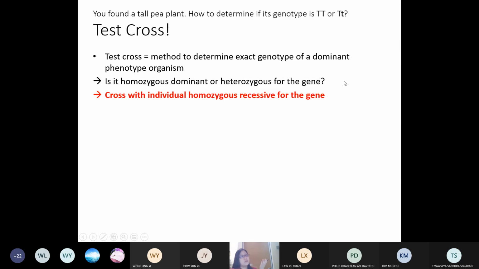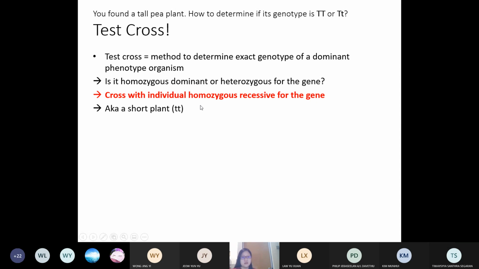What is the solution here? In a test cross, we cross the individual with an individual homozygous recessive for the gene. AKA, in this case, we cross that tall pea plant that you don't know what its genotype is with a short plant. The short plant will always have the genotype you expect, right? Because it's recessive. Short plant is definitely homozygous recessive.